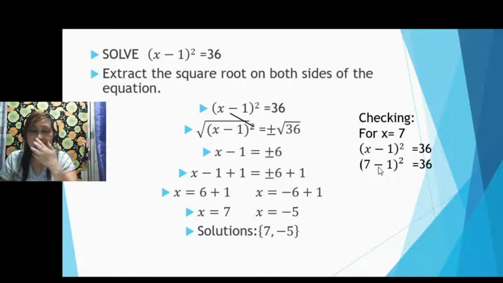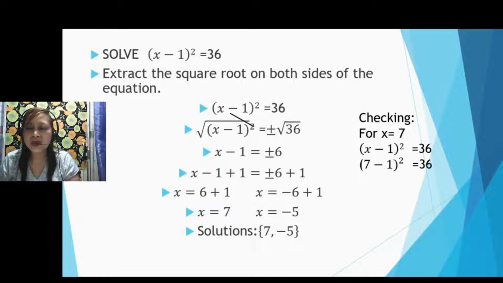So 7 minus 1 raised to 2 is equal to 36. So 7 minus 1 is 6. Then 6 times 6 is equal to 36. So they are equal, meaning 7 is the solution to the equation: the quantity of x minus 1 squared is equal to 36.